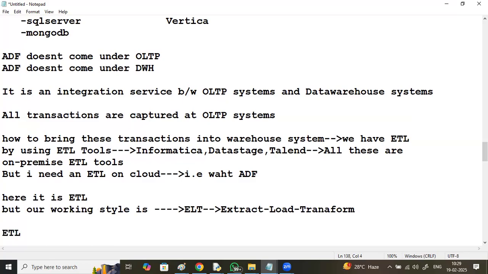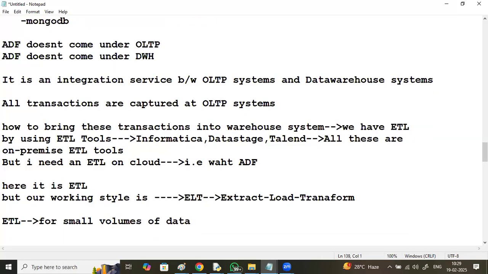Generally ETL is for small volumes of data, and ELT is for huge volumes of data. For huge volumes, ETL is bad. ELT: extract, load, and transform.